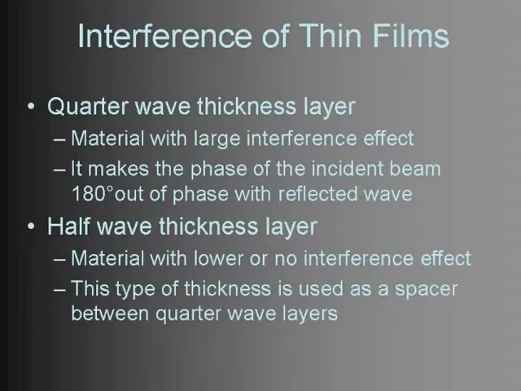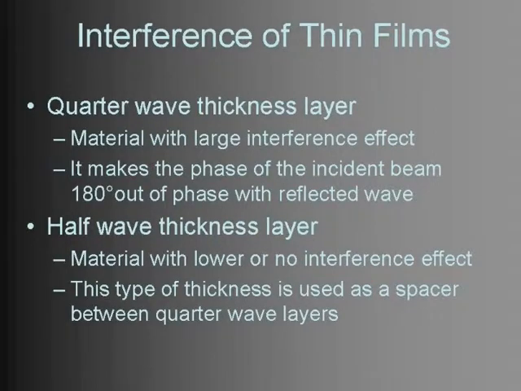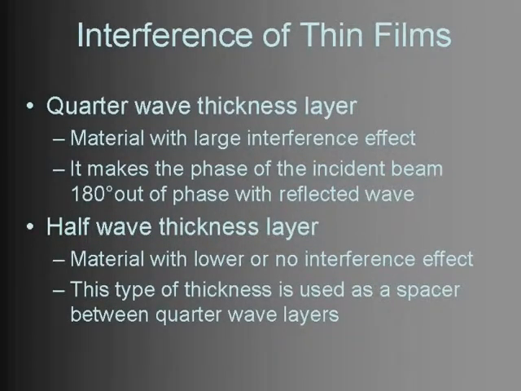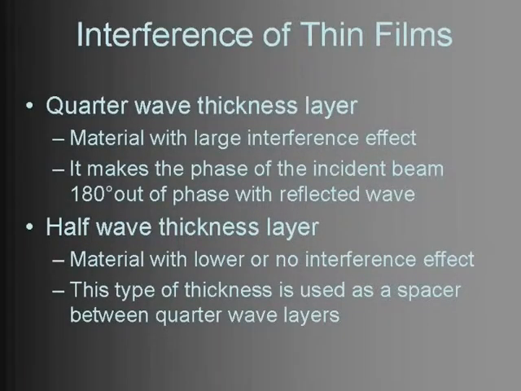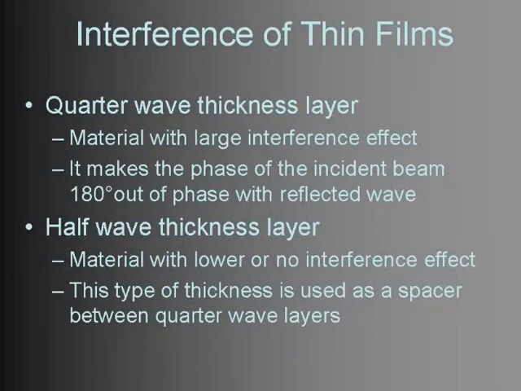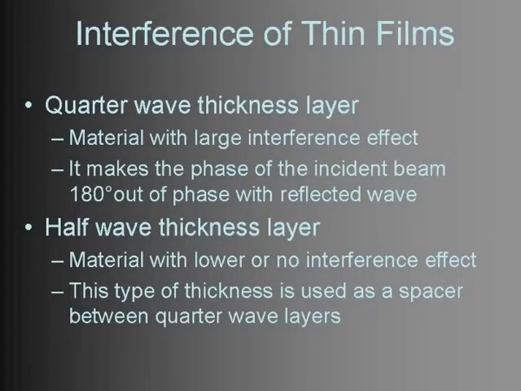It will become either 180 degrees out of phase from the reflected beams, causing a destructive interference pattern, which will neutralize the reflected beam, or the opposite. It could cause constructive interference, which will actually improve reflectivity in certain cases.